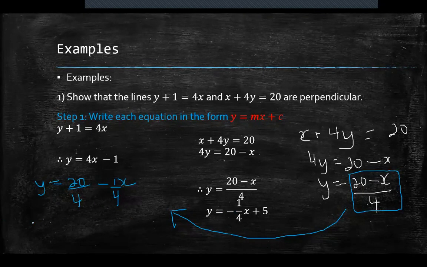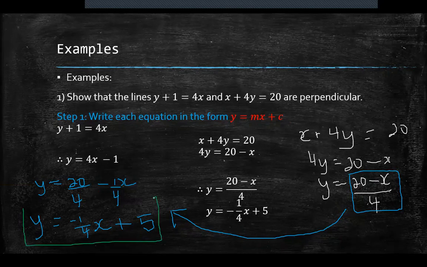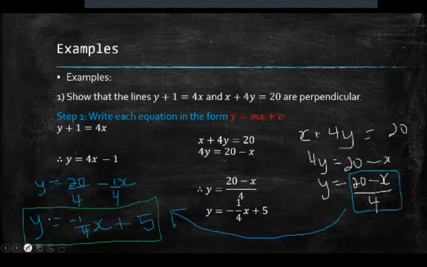So y is equal to minus a quarter x, this is my m, plus 20 on 4, which could be reduced to 5. So plus 5. Everybody understand how I got this second equation? Yes, miss.